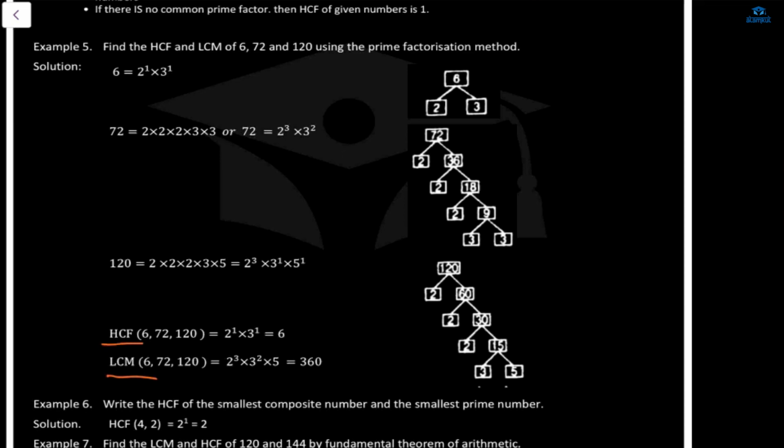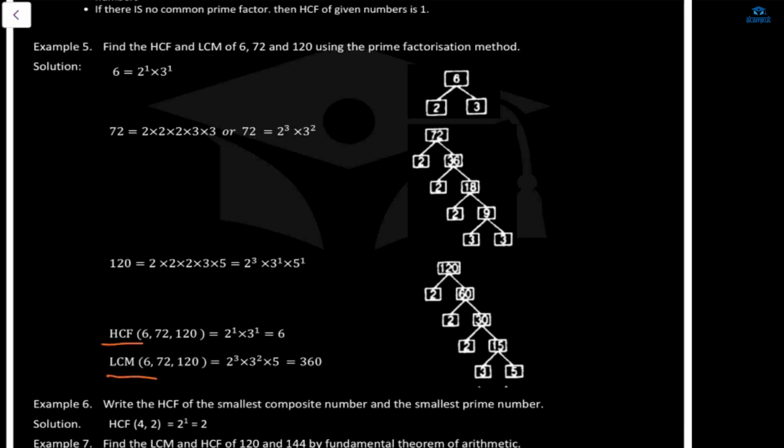HCF is what is common in all the three. Only those prime factors you will pick which are common in all the numbers, whether you are finding the HCF of three numbers or two numbers. And for LCM, you will pick all the prime factors with the highest power.